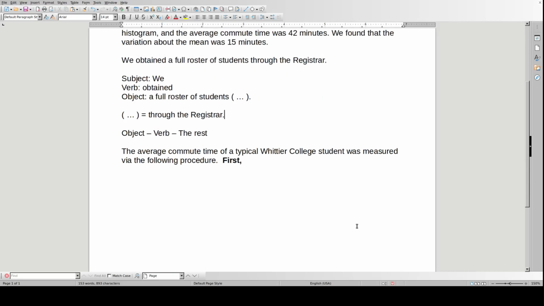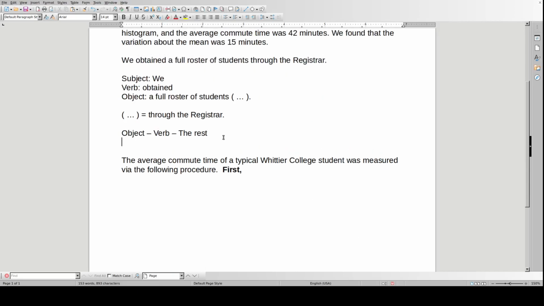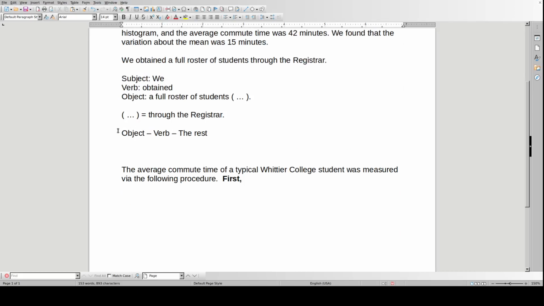So what we need to do is make our sentence follow the passive form, so object, verb, and then the parenthetical rest of the sentence. So the object would be a full roster of students, and then the verb would be obtained.